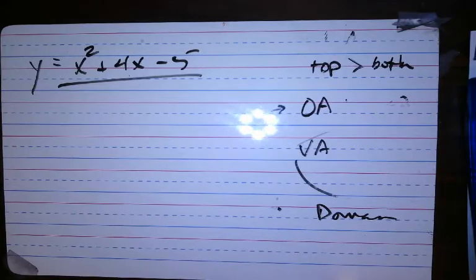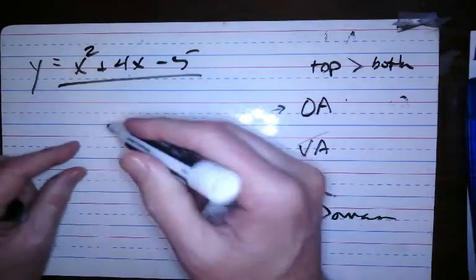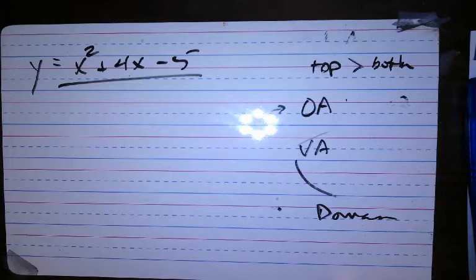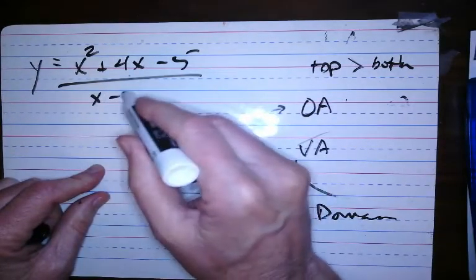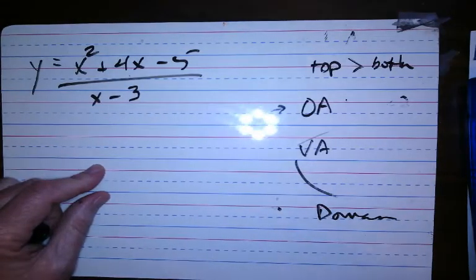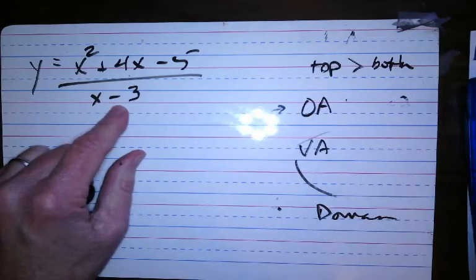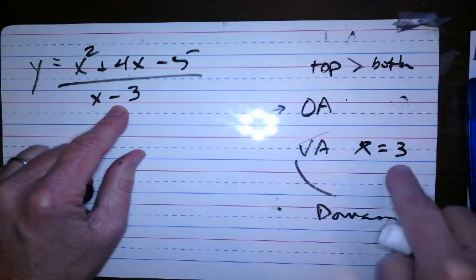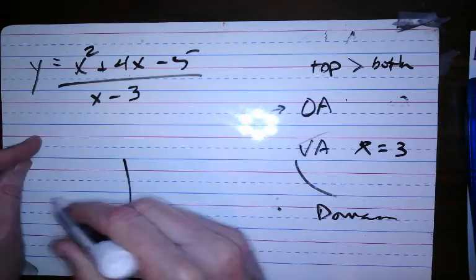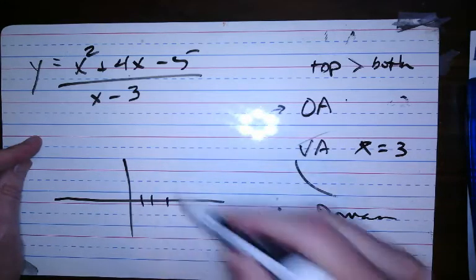Oh no. X minus 3. Okay, so what makes the bottom equal 0? X equals 3. So that's the vertical asymptote. I know that for a fact.